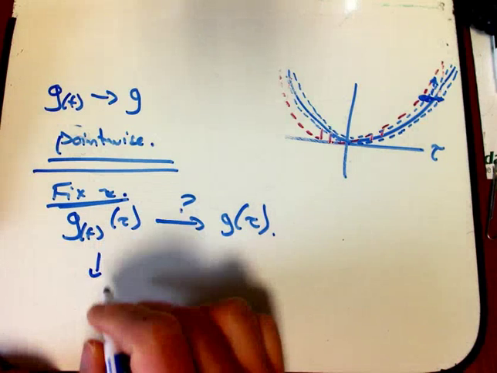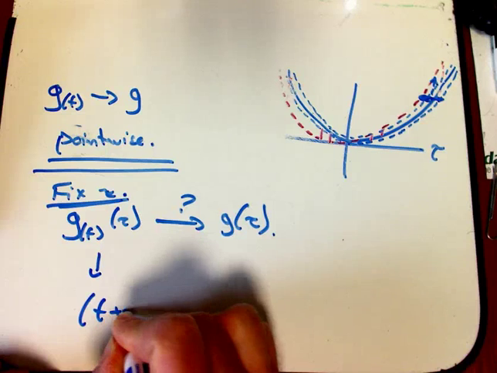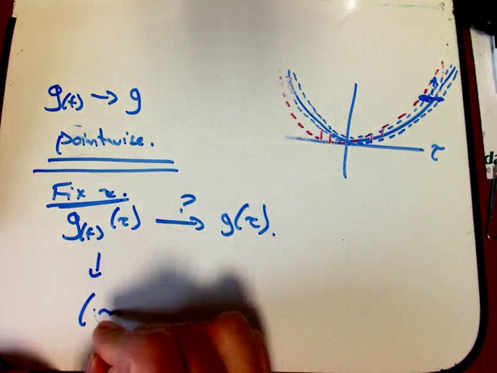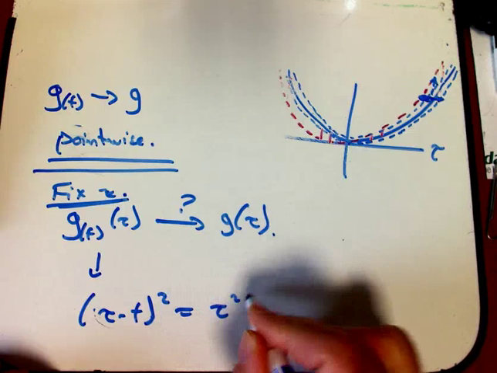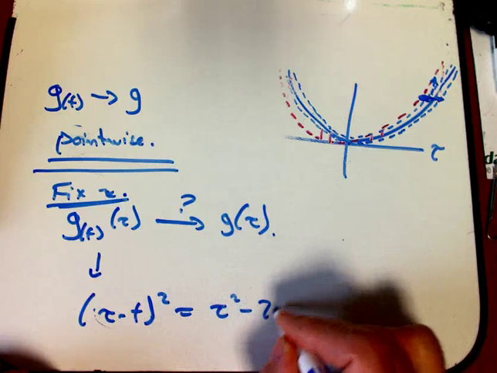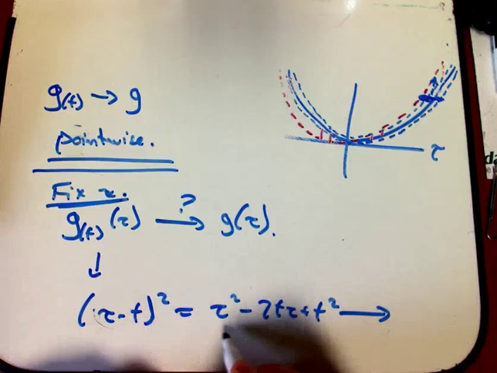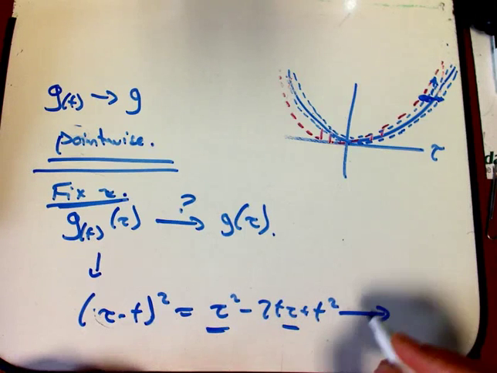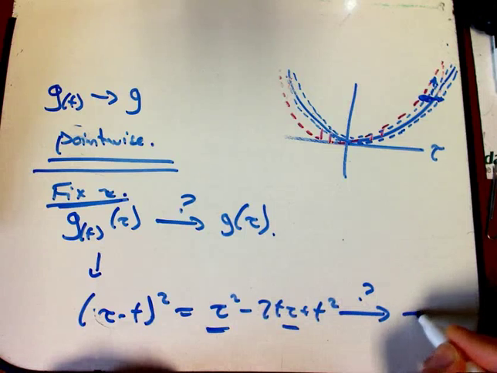Well, again, g sub t of tau, that's just tau minus t squared. Okay, that's tau squared minus 2t tau plus t squared. Okay, if tau is a fixed real number, and t is going to 0, does this go to tau squared?